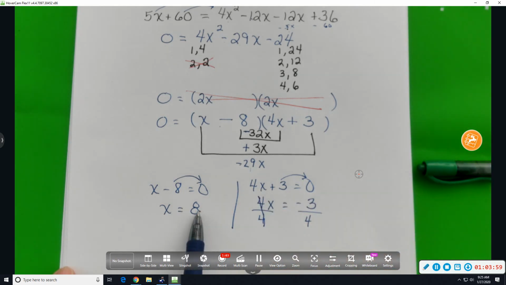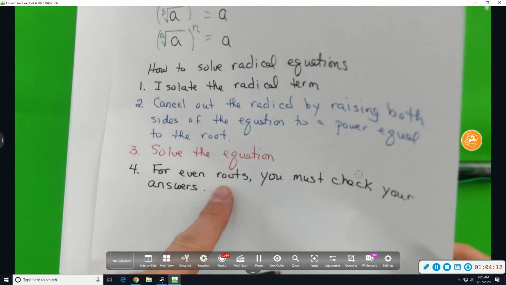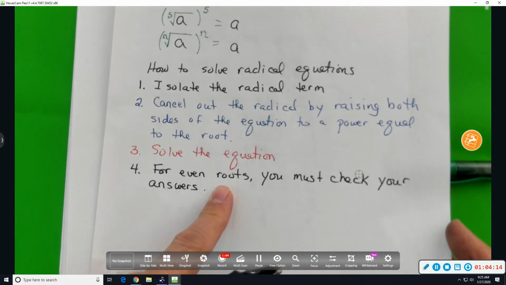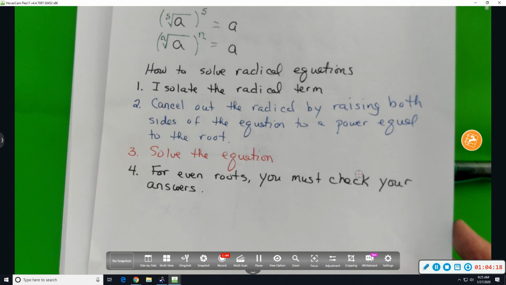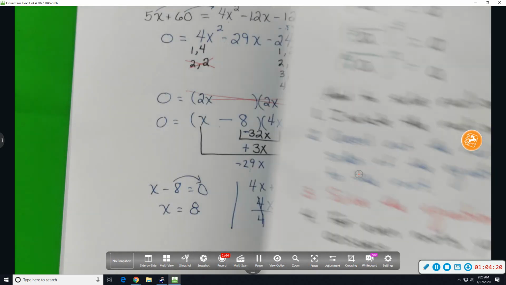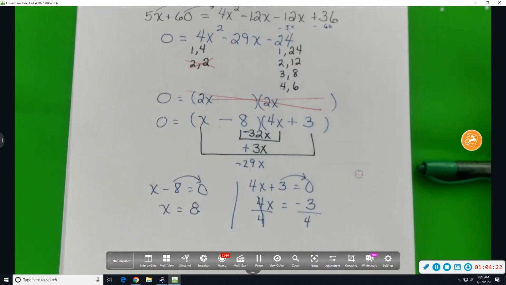So a positive 8 and a negative 3 over 4. Now, there's a step I haven't done yet. For even roots, you must check your answers. That means plug into the original problem. Okay? And you should get the same thing on both sides.